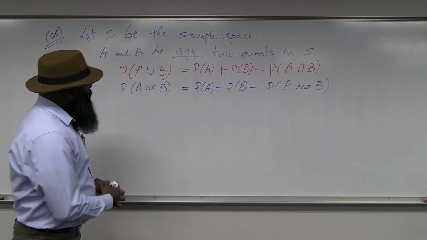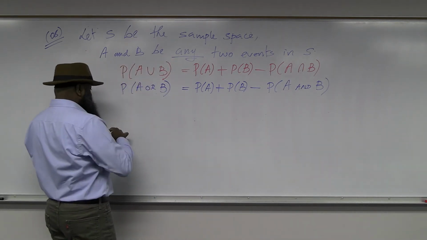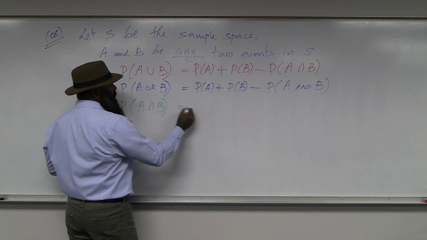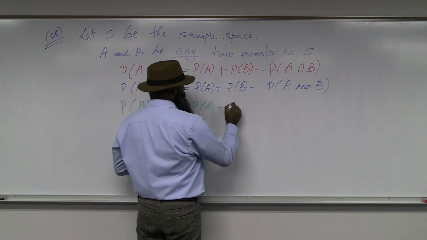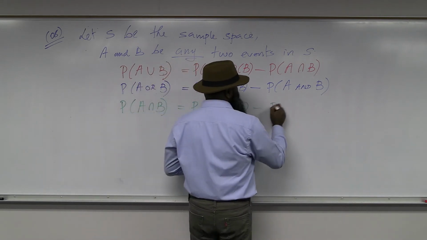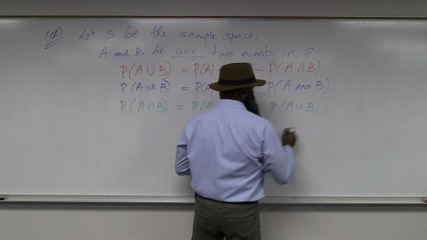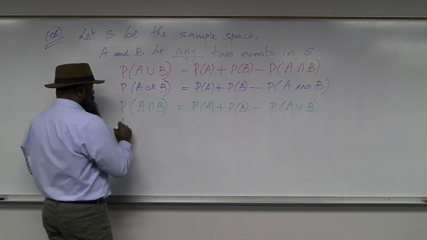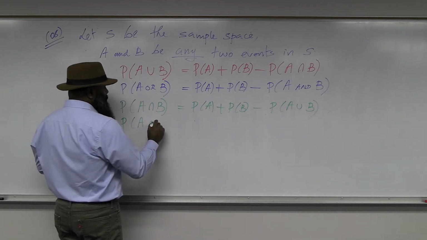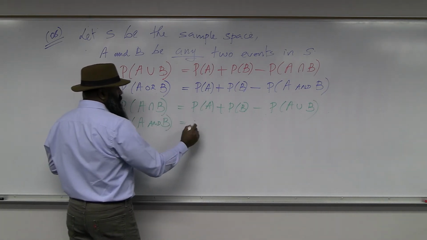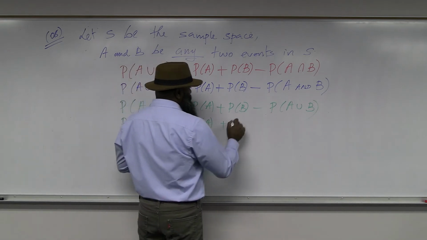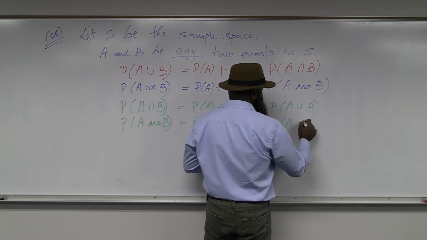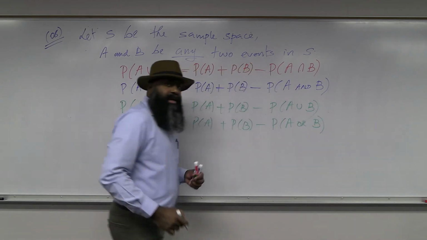And if you do that, you get probability of A intersection B equals probability of A plus probability of B minus probability of A union B. Or in other words, probability of A and B is equal to probability of A plus probability of B minus probability of A or B. Okay, it's the same equation.